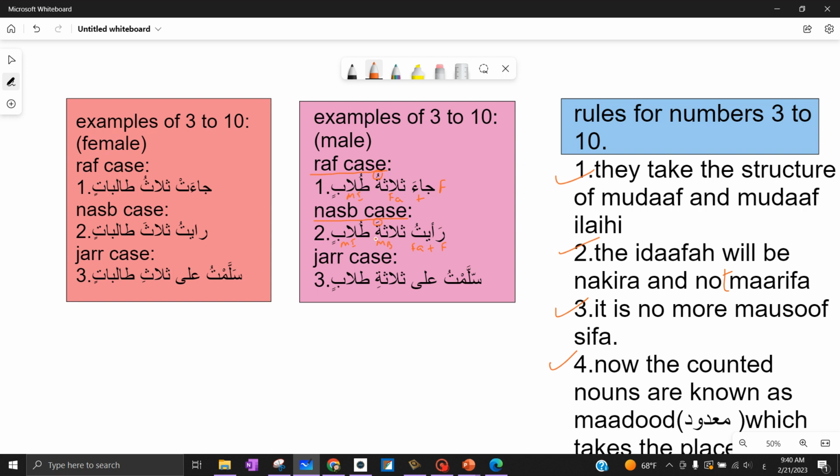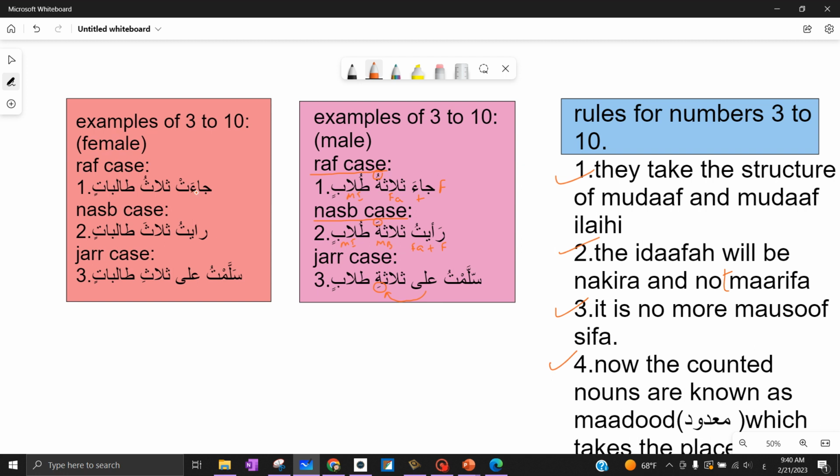And then ثلاثة, it's mansub, in the case of نصب mansub وعلامة نصبه الفتحة. And طلاب مضاف إليه مجرور. Jar case: سلمت على ثلاثة. Due to this harf jar, it is having a kasra, it is in ism majroor position. سلمت فعل ماضي, ضمير اتصلت تقديره أنا, على حرف جر, ثلاثة اسم مجرور. So you can say jar majroor.